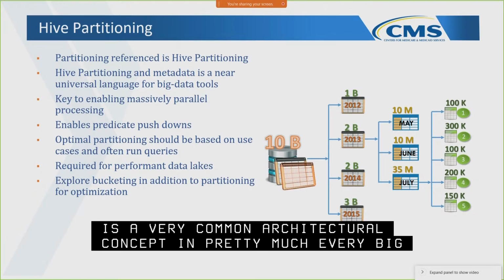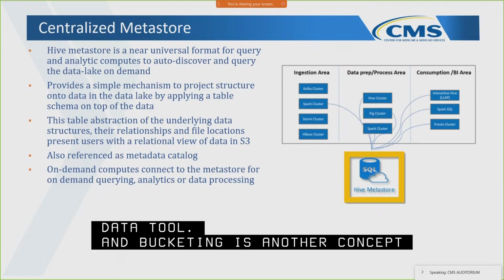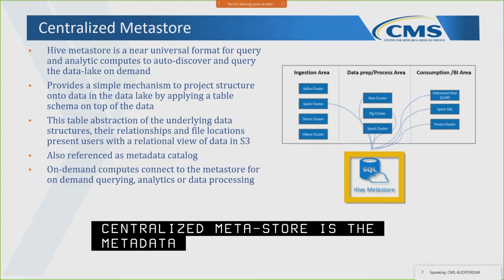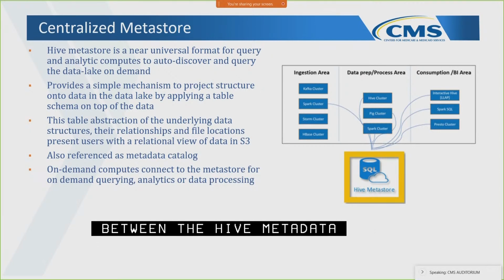And bucketing is another concept we would employ as well. The centralized metastore is the metadata catalog. I also want to make a distinction here between the Hive metadata catalog and another term, data catalog. They both have a role to play.